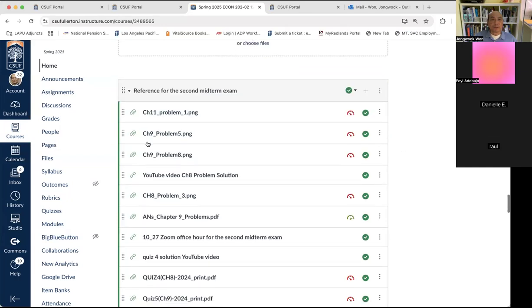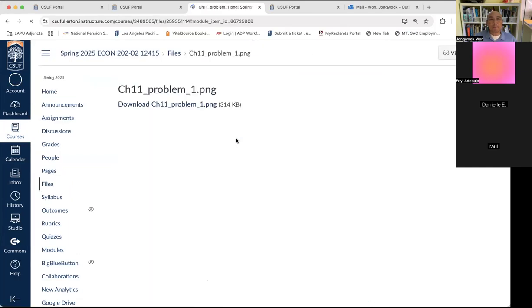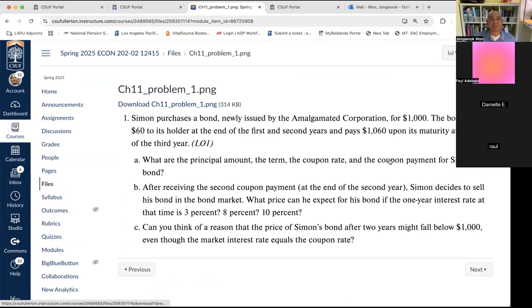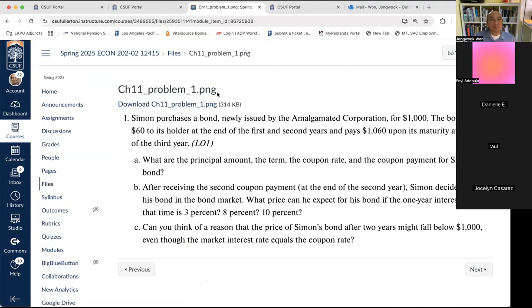Okay, so let me go back to chapter 11, number one. So it's about bond. Chapter 11 says this bond, Simon purchased the bond. It's newly issued by the Acor 1000.